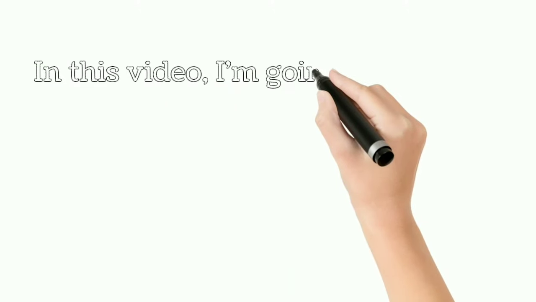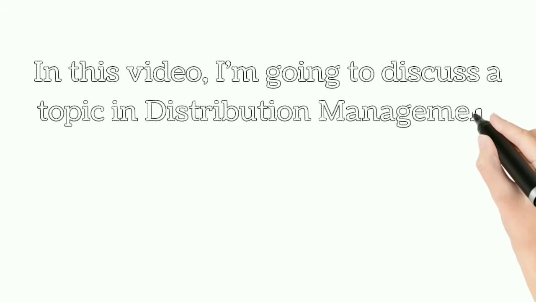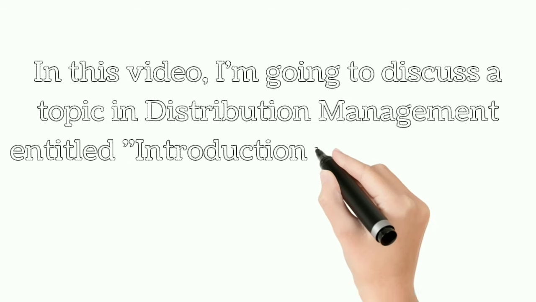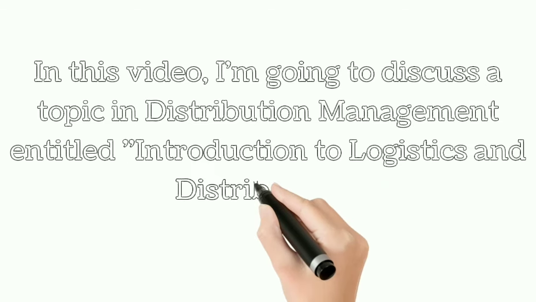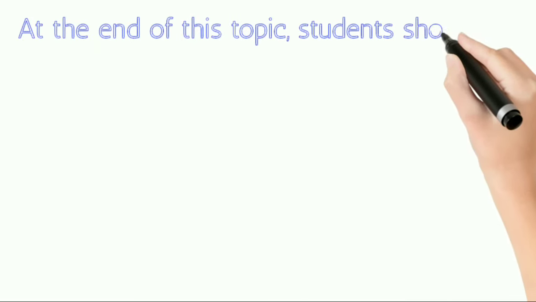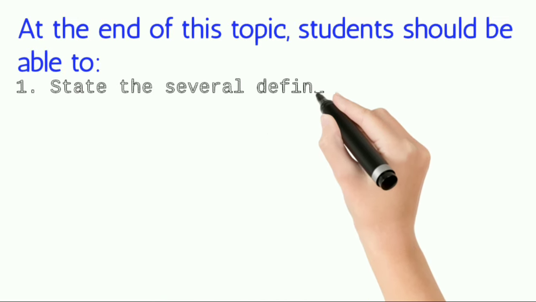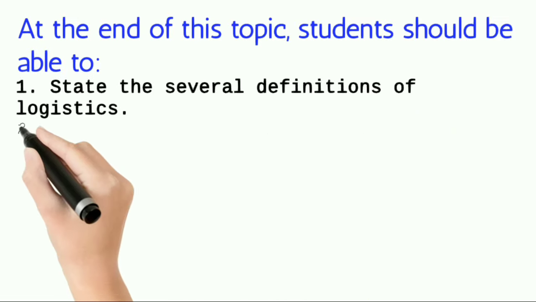In this video, I'm going to discuss a topic in distribution management entitled Introduction to Logistics and Distribution. At the end of this topic, students should be able to first state the several definitions of logistics.